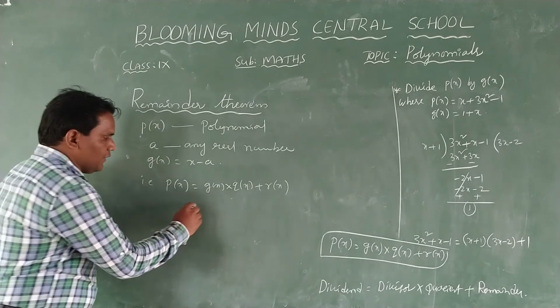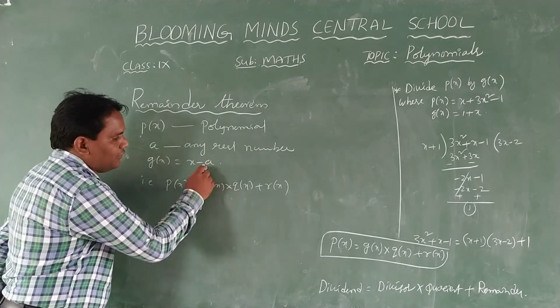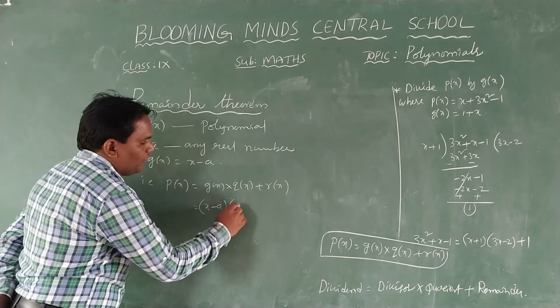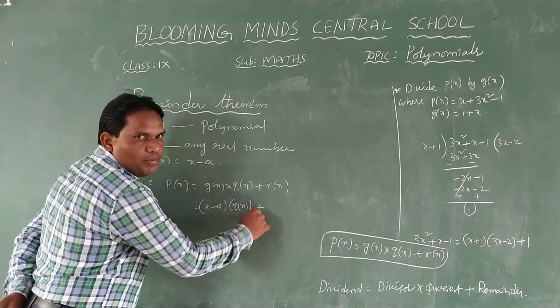Instead of G of x we can write x minus a, Q of x the same, plus R of x.